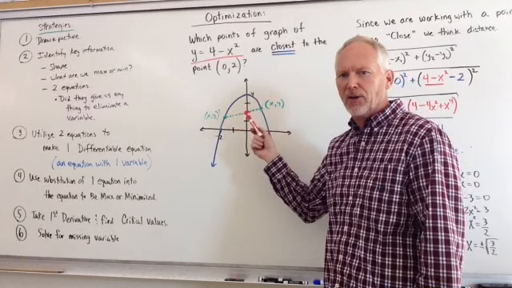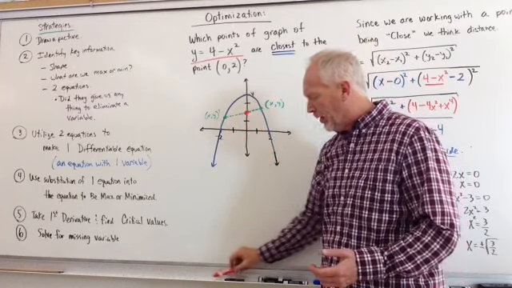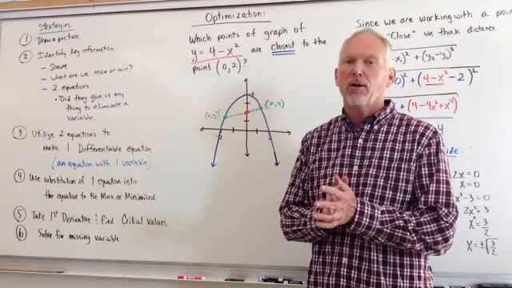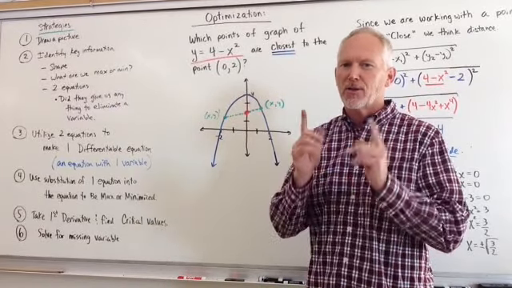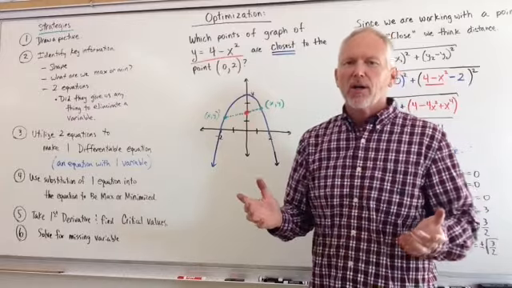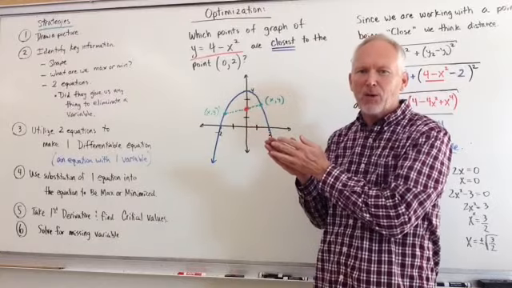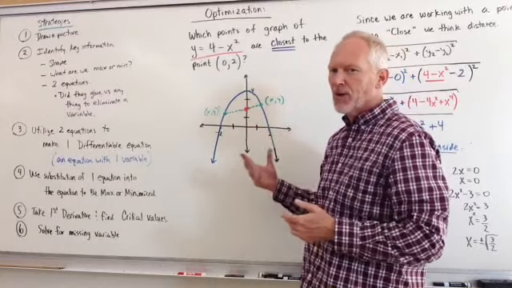Where is that point exactly? And since it's a parabola, what do we know about parabolas? They are, starts with an S, symmetrical. That's right. So they're symmetrical, which means if I find a point on one side, it will be equidistant on the other side.